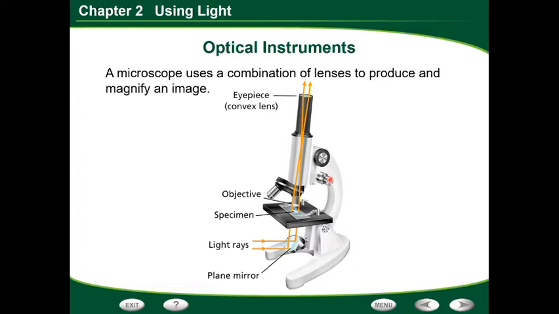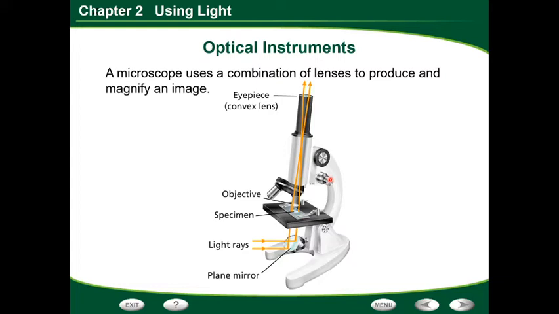Its other name is a compound microscope. This is how we are able to look at images that are very tiny in an up close fashion. The other type of microscope that we do not use in a classroom is an electron microscope, which utilizes electrons to beam these super tiny particles in a manner that we can see them a lot better. But they have to be really, really tiny, and it requires a pretty intensive machine. So for school purposes, we use these compound microscopes.